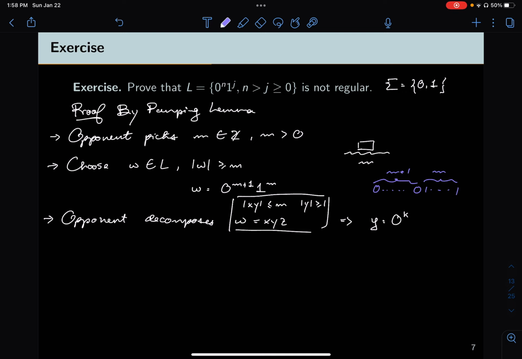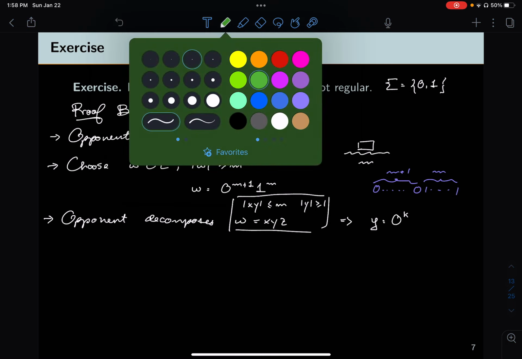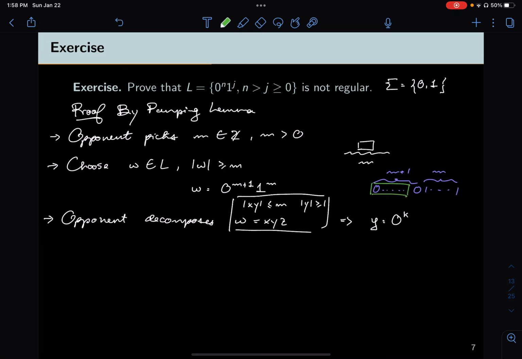Now, because xy extends at most until before the last zero, that means that y here is just a sequence of zeros. So y is equal to 0^k. That's a safe implication about what the decomposition must be.